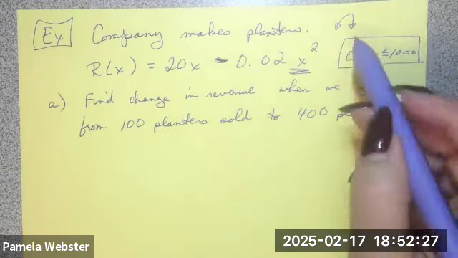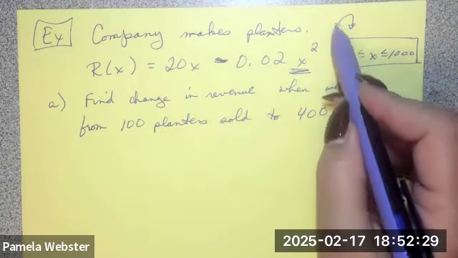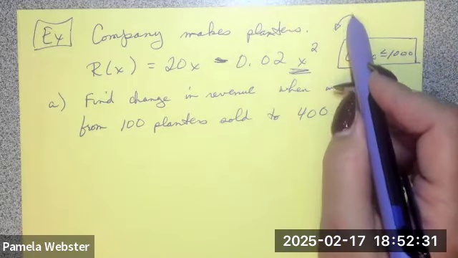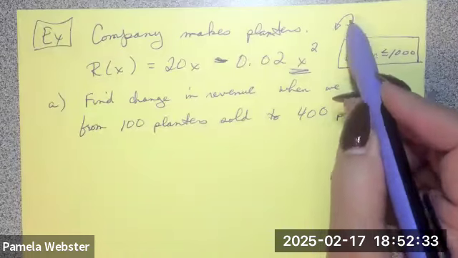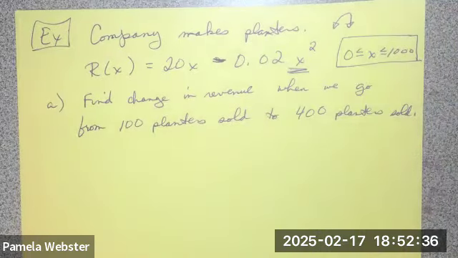So what we know is my revenue will increase, but at some point it's coming back down, right? Maybe people just don't want a ton of those. Maybe as I get more, my cost increases because I have to pay more people to work. I don't know what that is, but that's what they've decided the revenue function is.